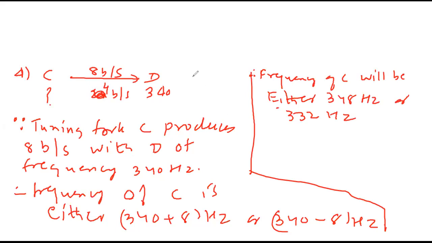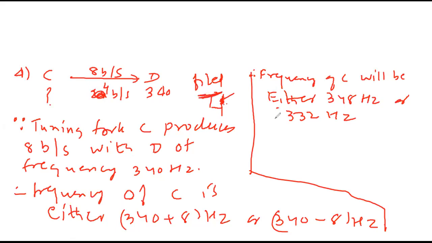Filed. Filed means like a nail filer, by brushing we remove the nail. So tuning fork's particles are removed by filing. So filing means its weight will decrease. If weight decreases, it will vibrate more times.